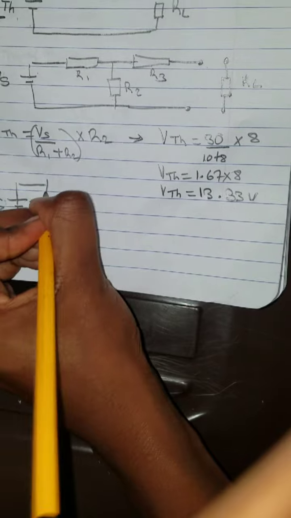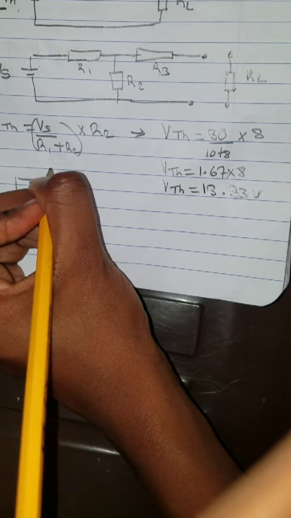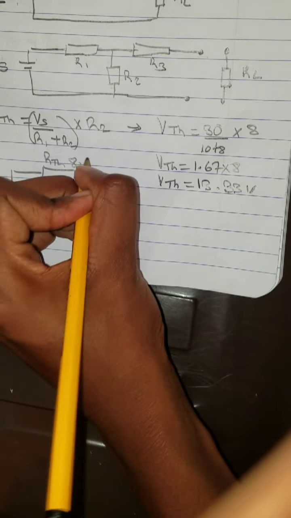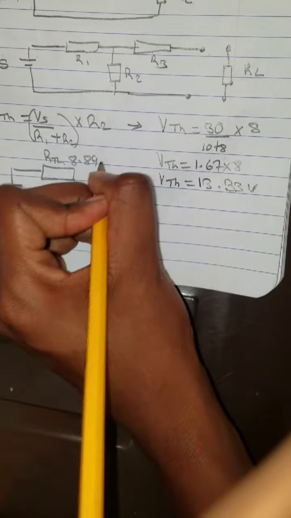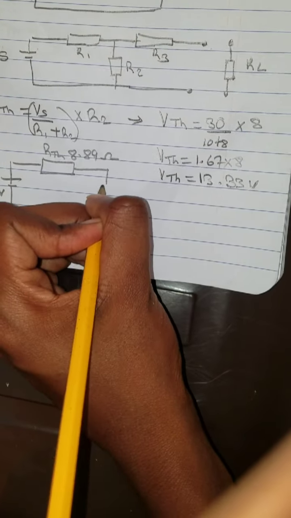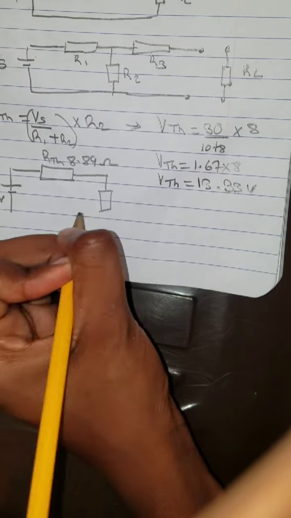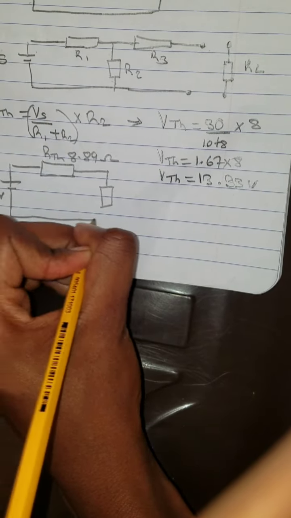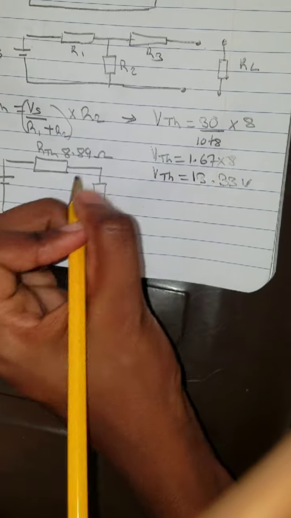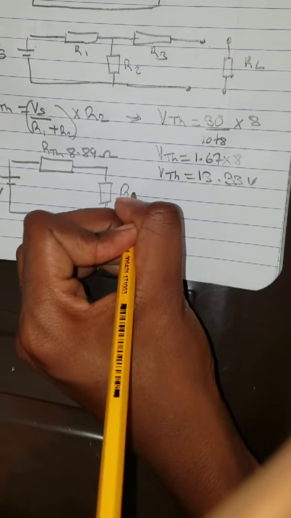So this is VTH, and we have R Thevenin right here, RTH, which is 8.89 ohms. And we have our load. You don't have to take off your load. You need it because that is what tests whether the circuit works just the same as this one.